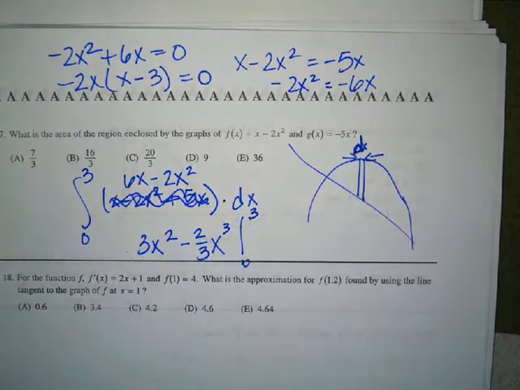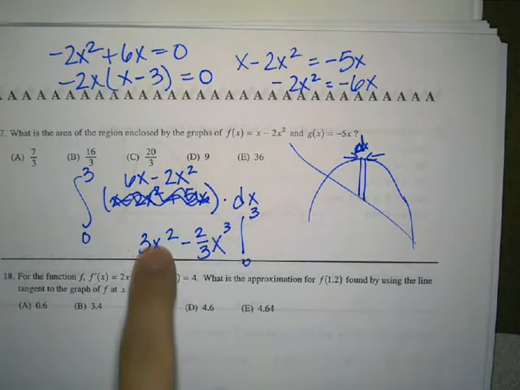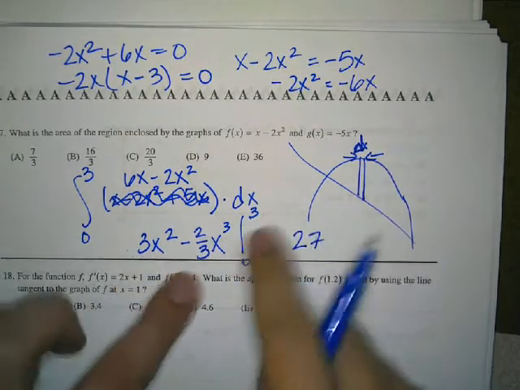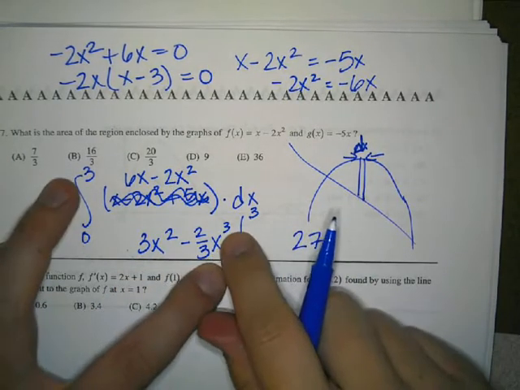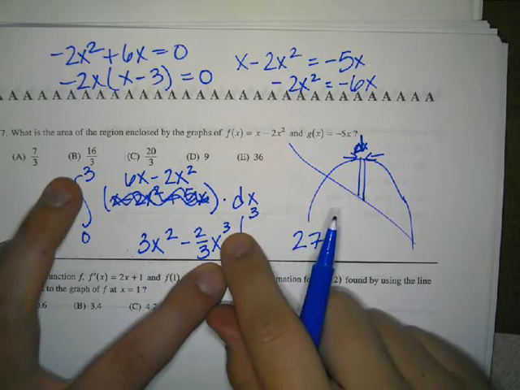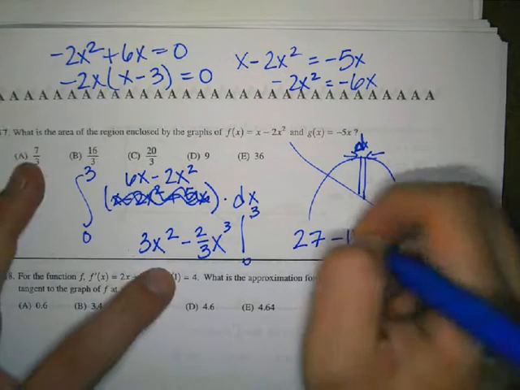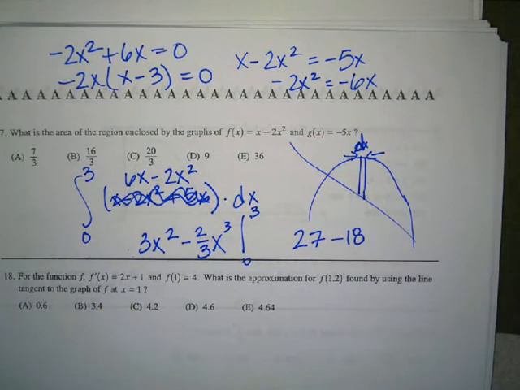Really all I care about is when I plug in 3, because when I plug in 0, I get nothing. When I plug in 3 here, 3 squared is 9, and 9 times 3 is 27. When I plug 3 in here, 3 cubed is 27, and what's 2/3 of 27? 18. And so 27 minus 18 would be what? 9. That's D.